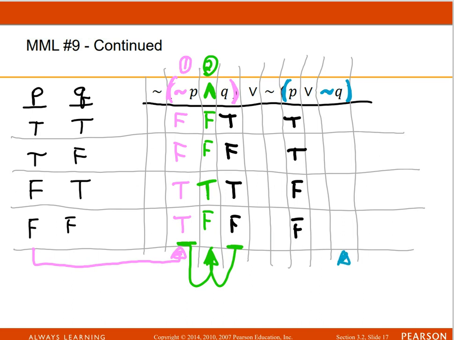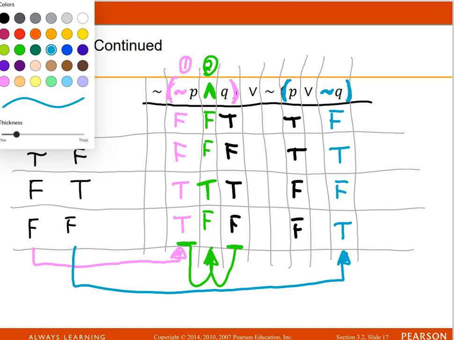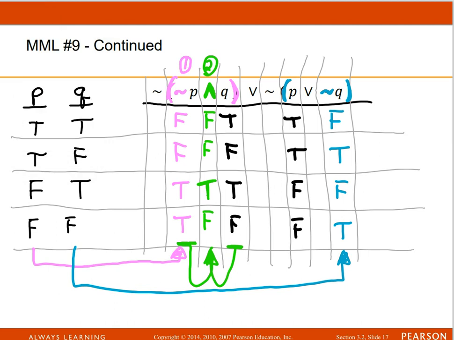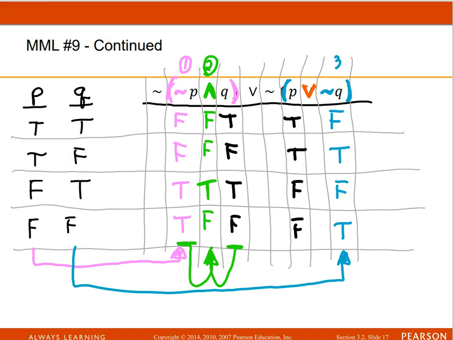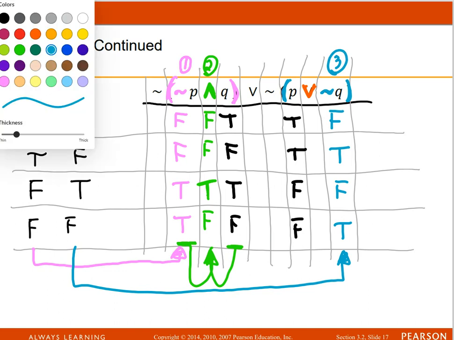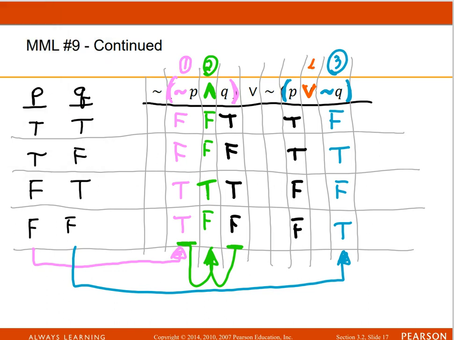Now this one says negation of Q. So to get this one, I'm going to come over and look at true, false, negate that, false, true, and then to finish what's inside those parentheses, I will do this, and I just realized I forgot to number it for you. Let's see, this was step 3, and now I'm gonna do step 4.